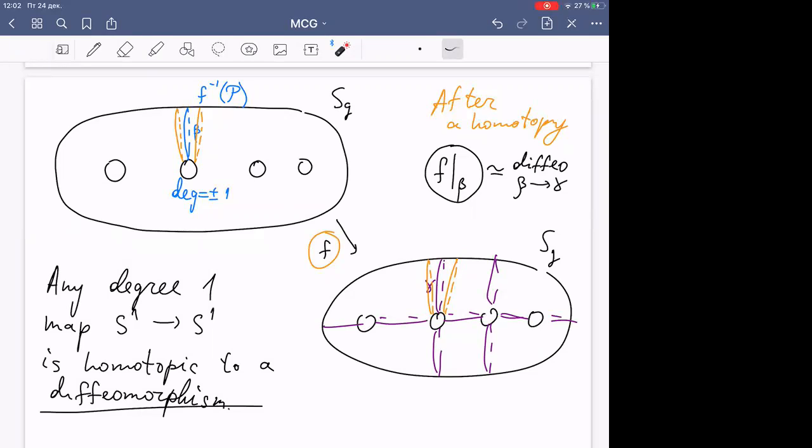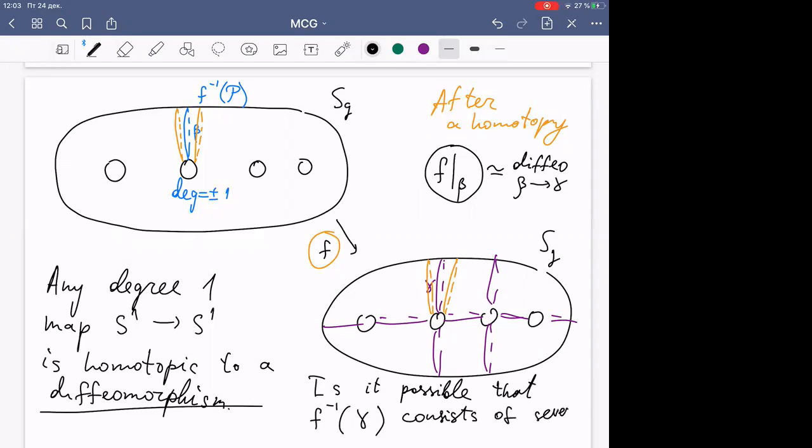Now, the next question: is it possible that the preimage, not of P, but of a particular component of P, consists of several connected components, more than one connected component? I would like to say that this is impossible.